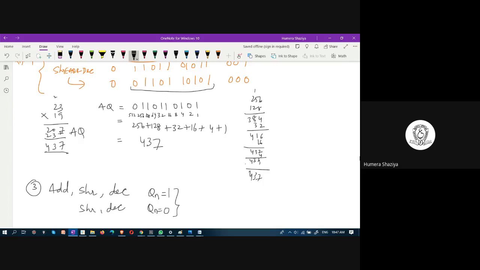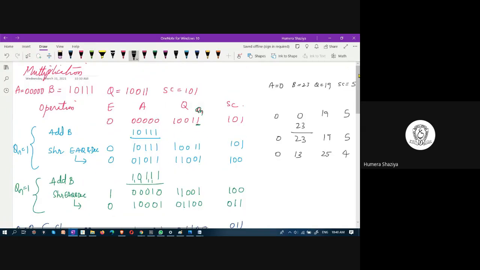And this process continued for n minus 1 times. Means, how many bits are there in the multiplier? Those many times. In multiplier we have 5, so 5 times this process continued, and we kept on doing add, shift right, decrement. Finally, we got the product in A and Q. Is this clear, students? Yes, clear, ma'am.